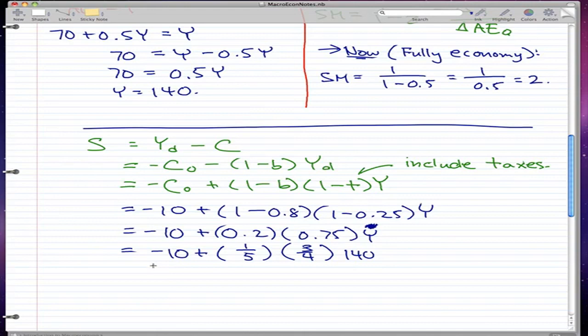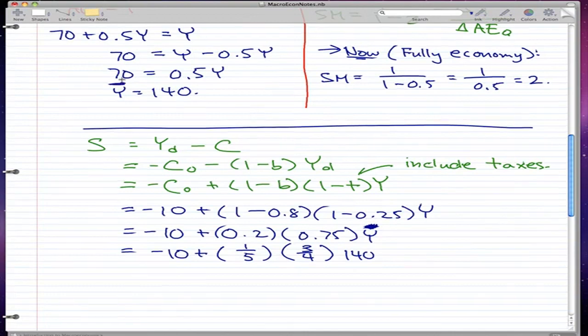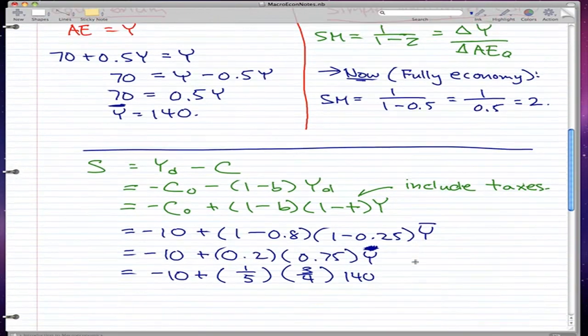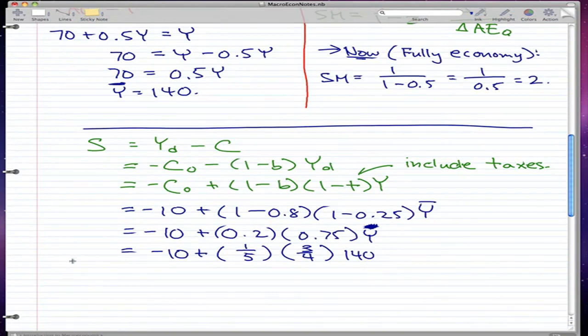This is actually equilibrium Y, because we were doing equilibrium here. So this has to be the equilibrium spending, and this will all be equilibrium Y. Sorry for the confusion.